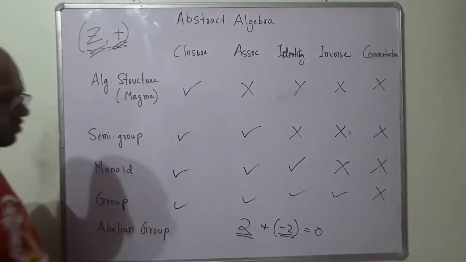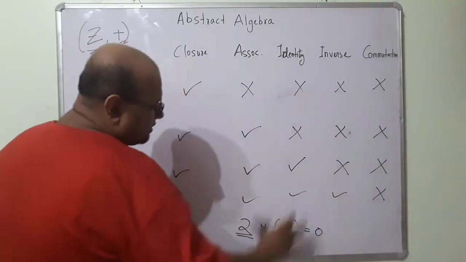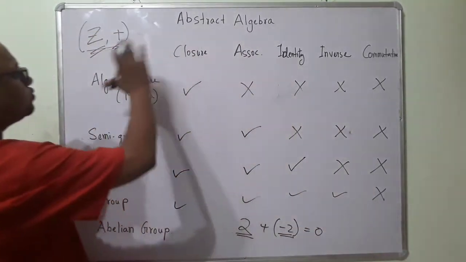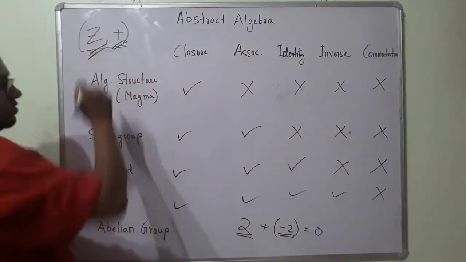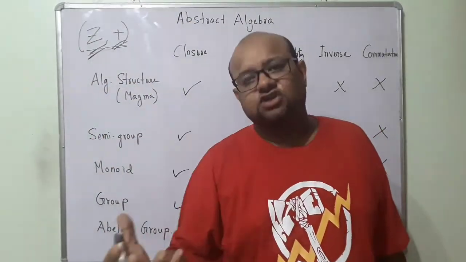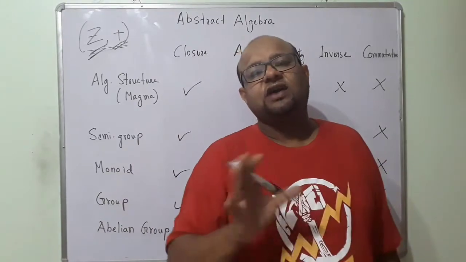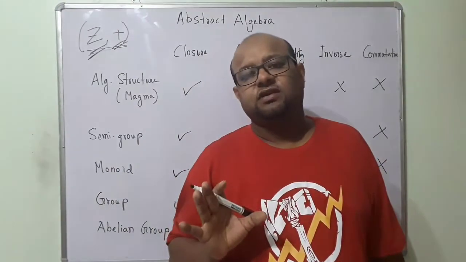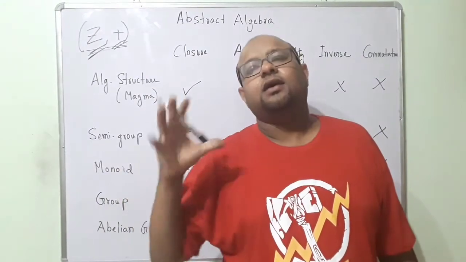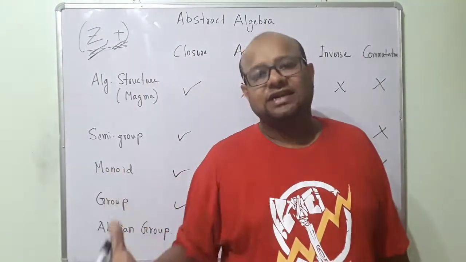Alright. So for every number, the additive inverse belongs to the set of integers, right? So if I take an integer and I multiply with minus 1, I will get the additive inverse of that number. When I take an integer and multiply with -1, I will get an integer.